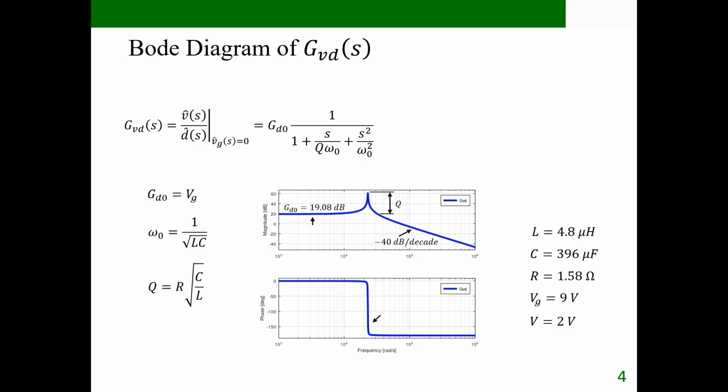Then the resonant peak is around 42.3 decibels, and the natural frequency is around 23 kiloradians per second. This transfer function, GVD of S, is the foundation of the entire compensator design. Every pole, every zero, and the final loop bandwidth of the Type 3 compensator will be chosen relative to this Bode diagram. On the next slide, we will take a look at the frequency response of the line to output transfer function, or GVG of S.